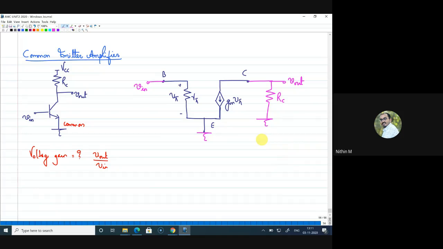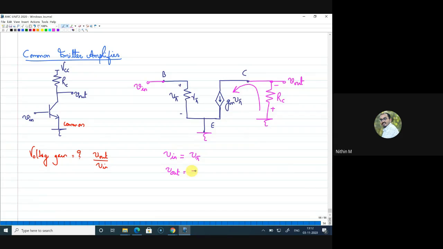Right. So what I want to do here is find the gain of the circuit. Before writing the gain, let me write what V in is. V in is connected between base and emitter. That is, the V in voltage is coming across R pi, or V in is equal to V pi. That is the first step. Now the second step is to write what V out is. V out is the voltage across RC, but the current flowing through RC is in the opposite direction, which creates a voltage like this.